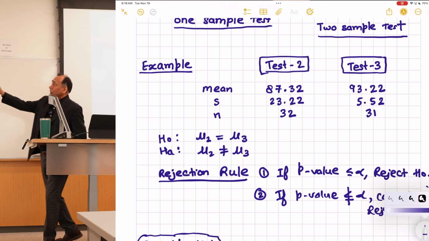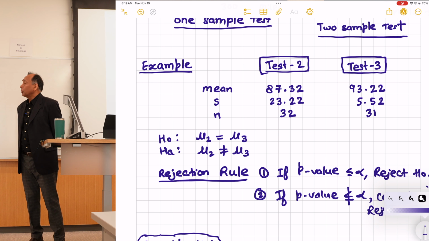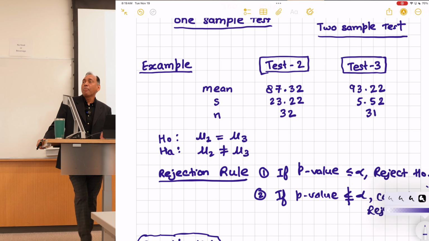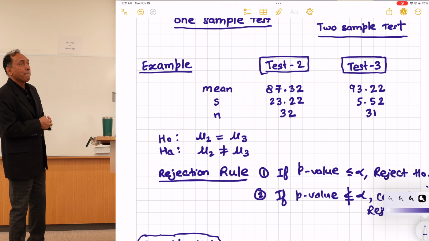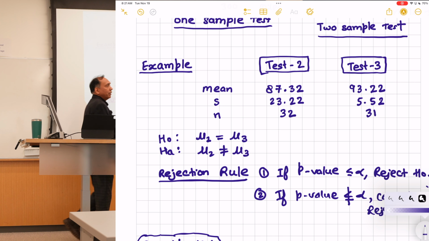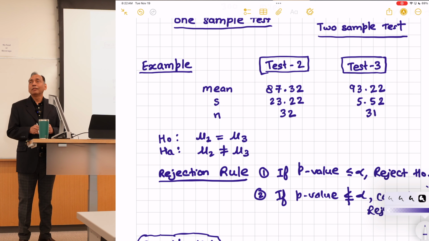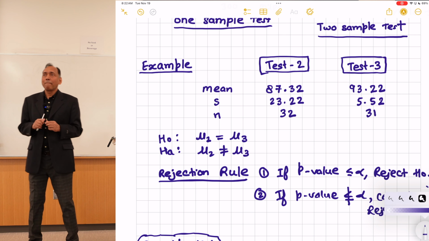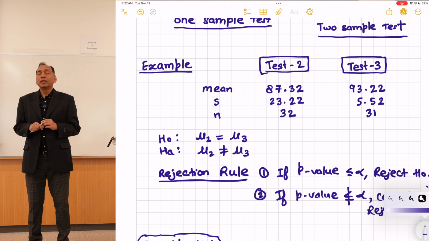Or can we jump to this conclusion, looking at the two numbers? They seem very different. So what do you feel? Yeah? You feel they are not similar, and what could be the reason? Yeah? Different. Why? Well, the mean on test 3 is much higher, and it's pretty much the same sample size.